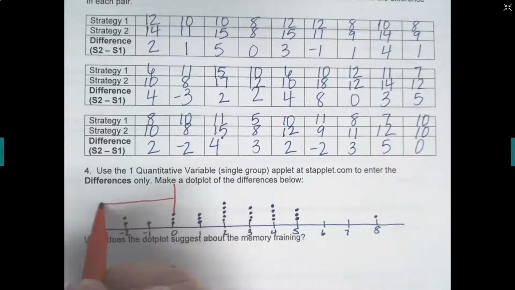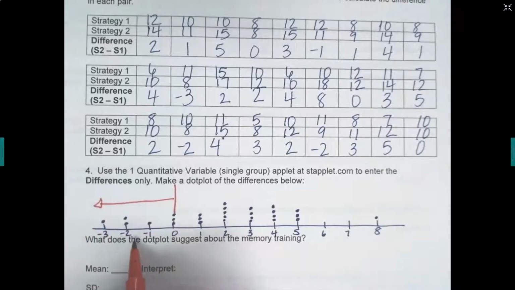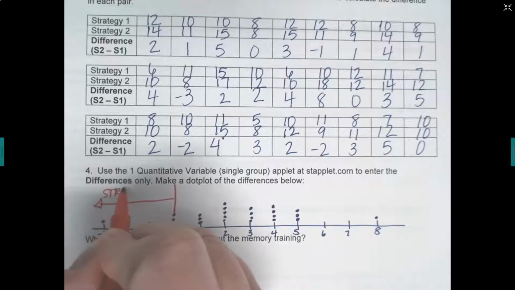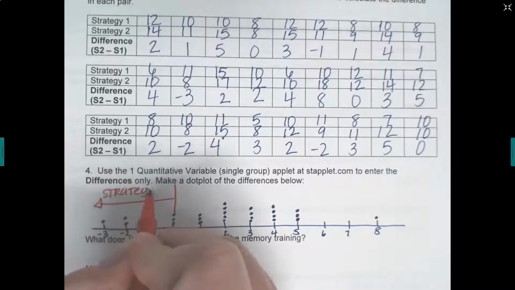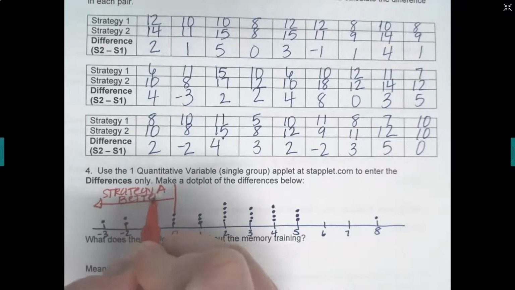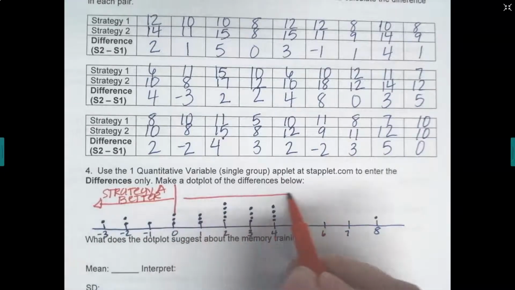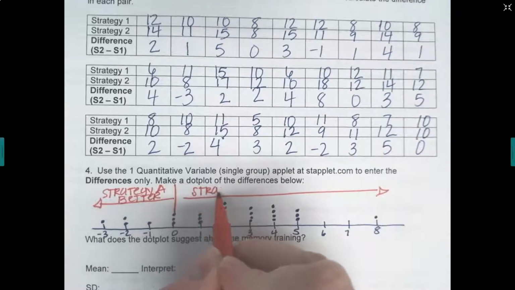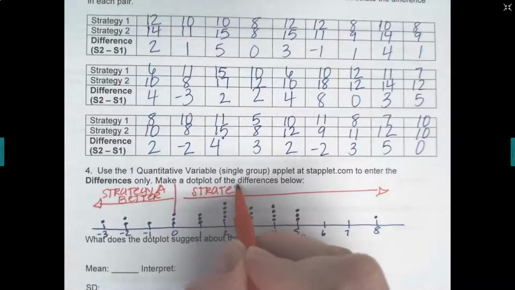If you got a negative number, that means strategy A was better for them. If they subtracted and got a positive number, like this side, that means strategy B was better, because it was a bigger number minus a smaller number.